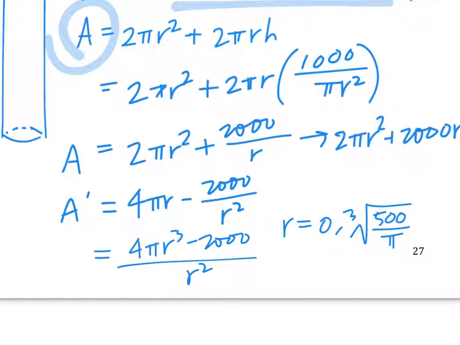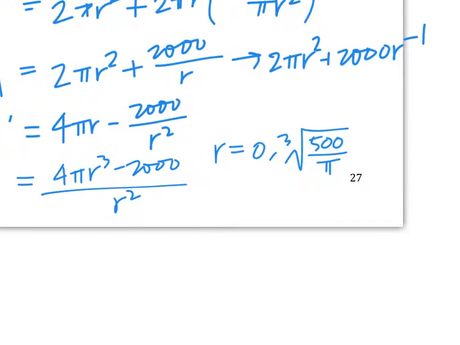Obviously, 0 cannot be the answer, right? It is a critical point, but obviously 0 cannot be the answer because if you have nothing, of course you're going to minimize, just don't make the can, right? But it just is not a very interesting answer, or it doesn't make any sense to just say, how do you minimize the amount of cost to make this can?